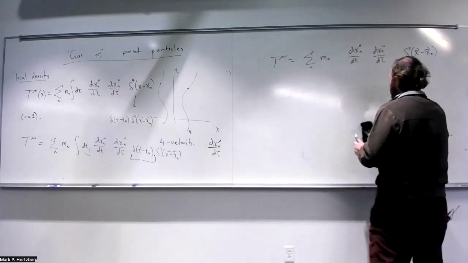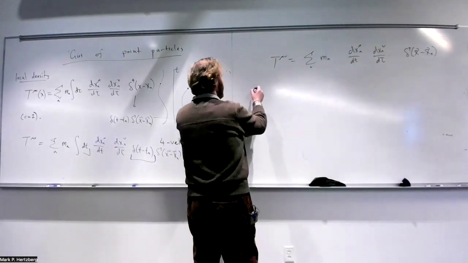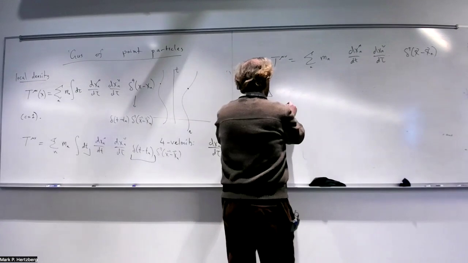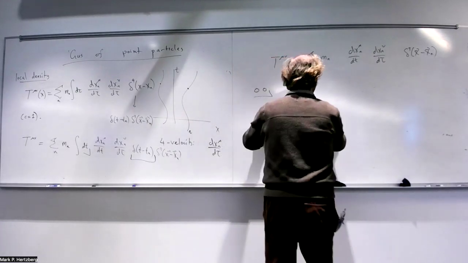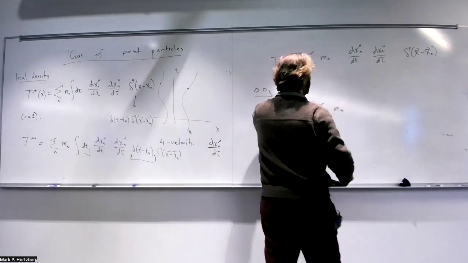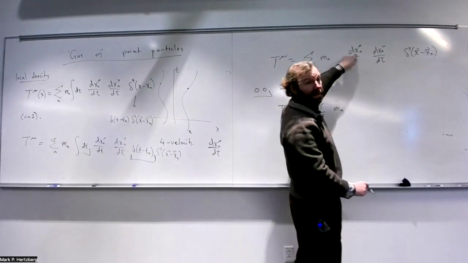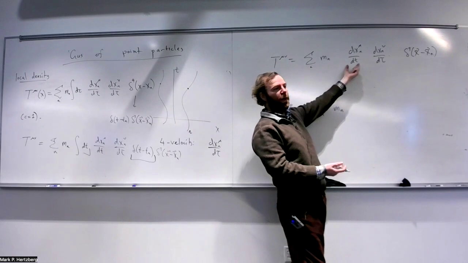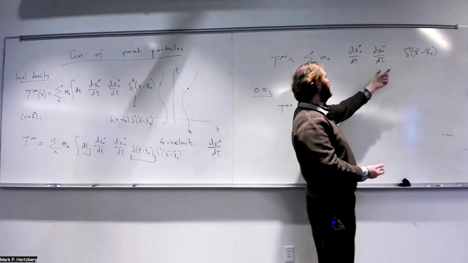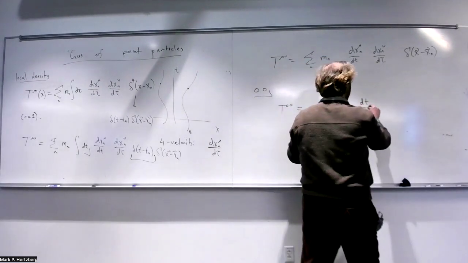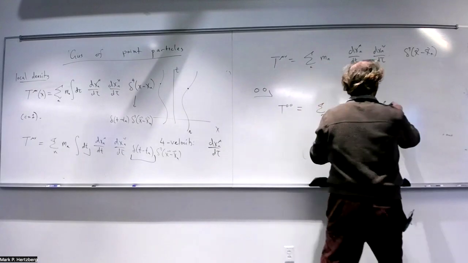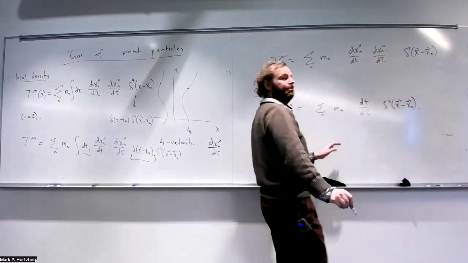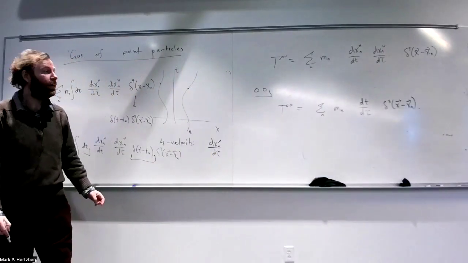So I just say one thing and then we can go. Let's say we look at the 0, 0 piece of this thing. So T00, sum over n, m_n. The time component is dt, right? x0 is t. So this factor is dt/dt, which is 1. This factor is dt/d tau.